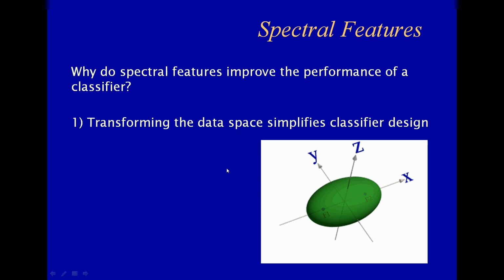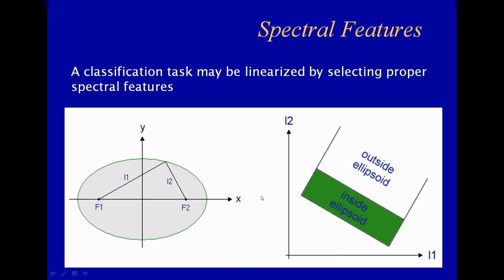So what we can do, as we know that this is an ellipsoid, is perform a transformation which is guided by the idea that the data are bounded by an ellipsoid. As you know, an ellipsoid is controlled by the focus 1 and focus 2 and a constant sum of L1 and L2.